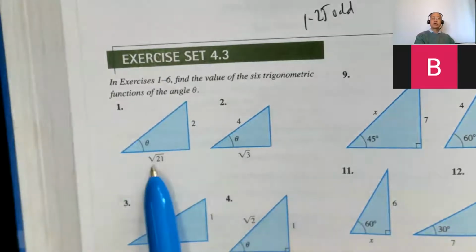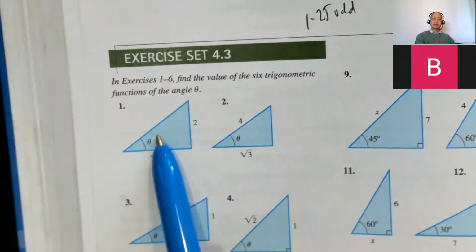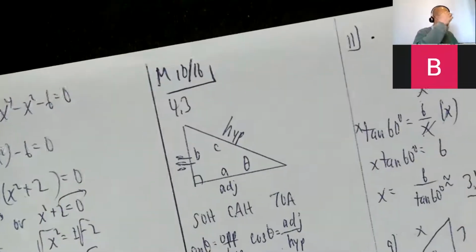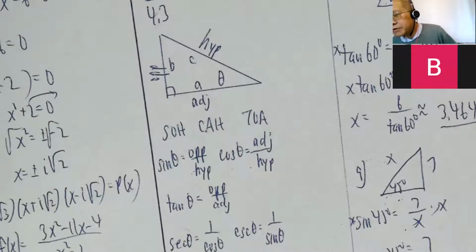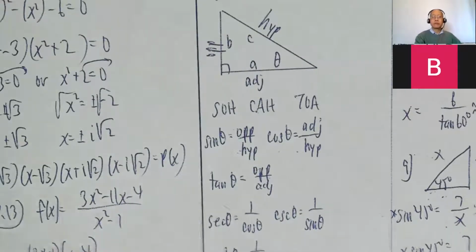They give me a 2 and the square root of 21. I have to figure out the hypotenuse, and then just do my SOHCAHTOA, and that'll pretty much be it. Let me show you the setup. Okay, folks, I'll be done in probably 5 minutes or less, in which case you can ask me stuff or put it in the chat. But if not, then we'll just end early and we'll be good.